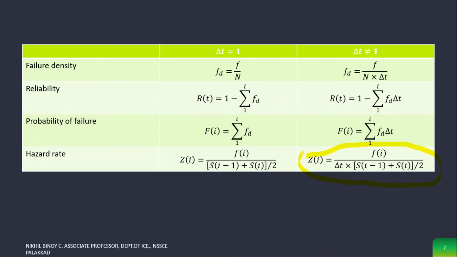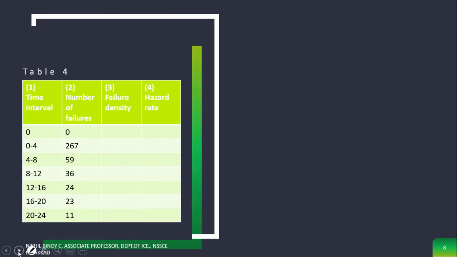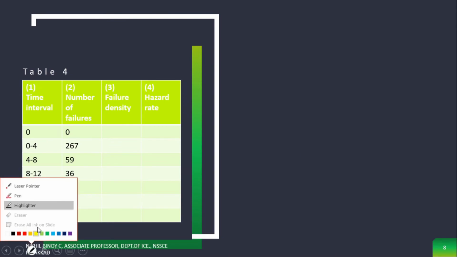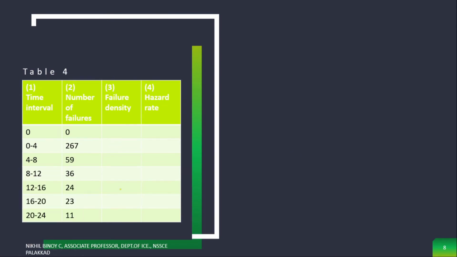Okay. So now we are going to consider a problem. So note down this table 4. The first column shows the time interval, the second column shows the number of failures. Please note this one is showing a failure test, but this failure test is not completed. It is continuing actually.